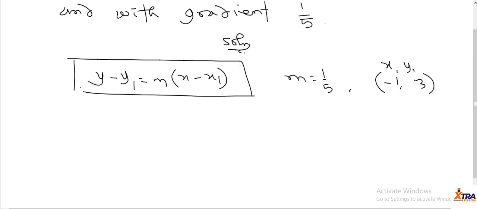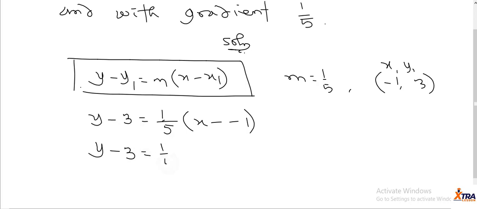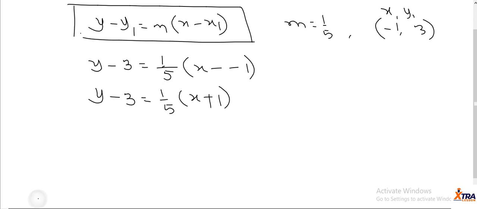So we have y minus y1, that will be 3, equals the gradient 1/5 into bracket x minus x1, which is minus 1. So we have y minus 3 equals 1/5 into bracket x plus 1.